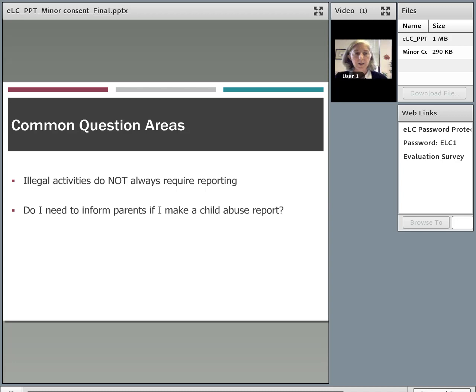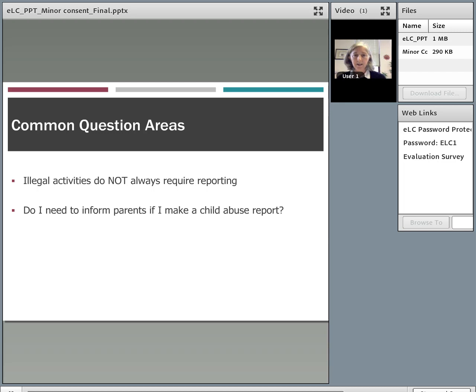Now, often when we go through this, there are questions about that last chart, because people know that there are certain acts that are illegal in this state, sexual intercourse with someone under 18. But it's really important to remember that as a healthcare provider who is bound by HIPAA and state confidentiality laws, you are not required, and in fact you are not able, to report illegal activities unless they fall within the definition of child abuse.